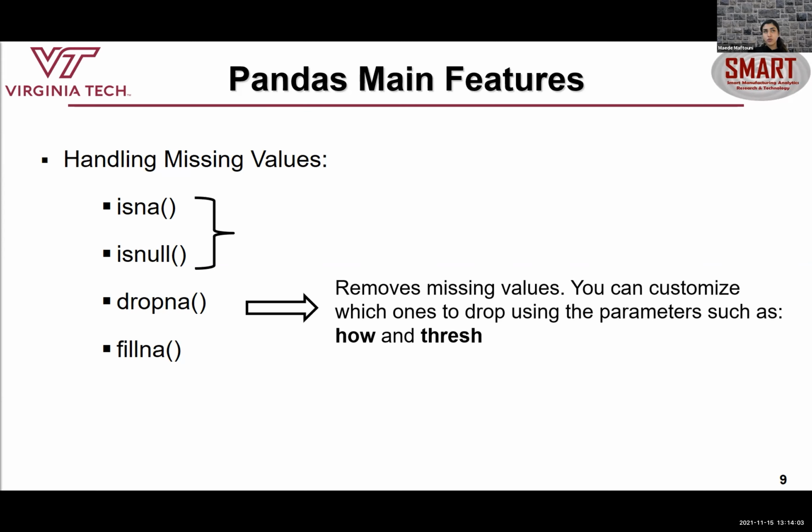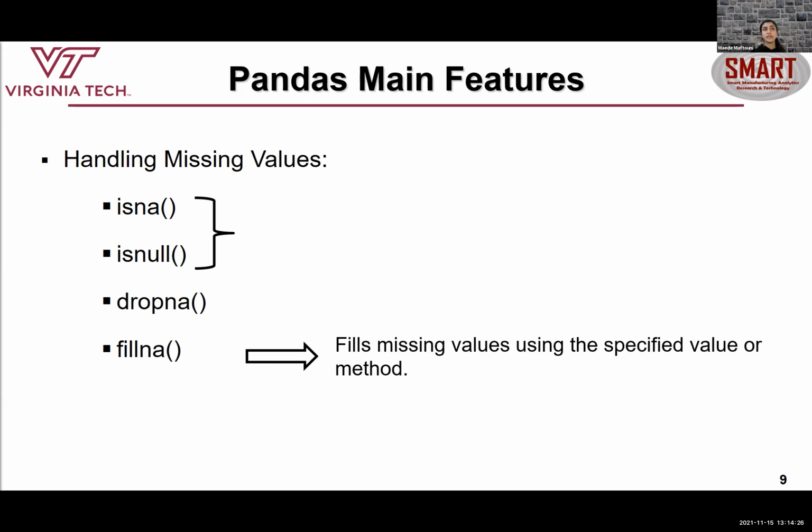For example, if there are more than 2 missing values in a row, you want to drop it, but if it is only 1 missing value, you don't want to drop it, something like that.